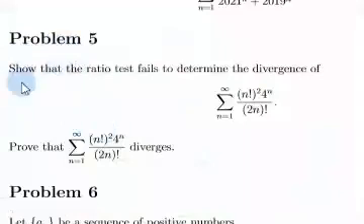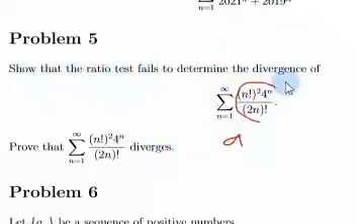Now we go to the fifth question. Show that the ratio test fails to determine the divergence of this series. Alright, we know the ratio test, right? So take the ratio.